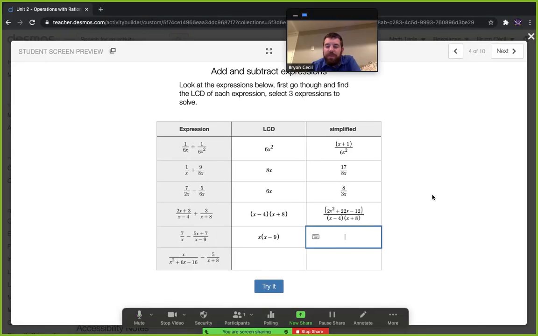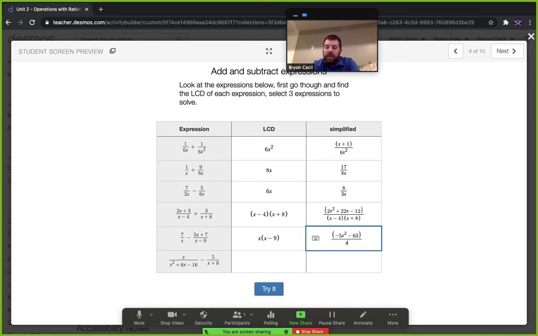Wonderful. Okay, so now we've got this, negative 5x squared minus 63, all over an x minus 9.